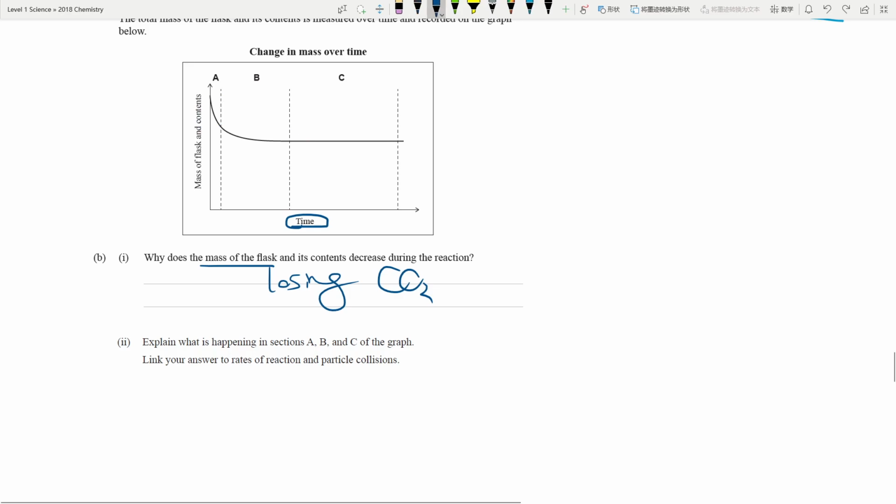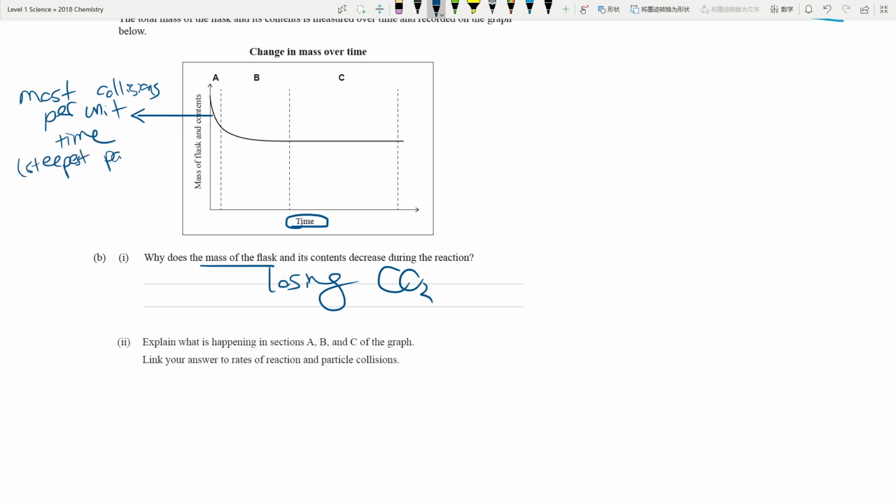So in A, this is where you have the most collisions per unit time. Why is that? This is the steepest part of the graph, so that means the gradient is going to be the most.